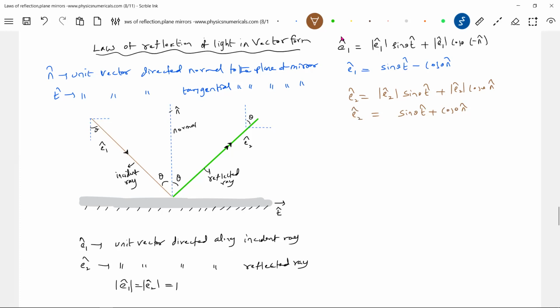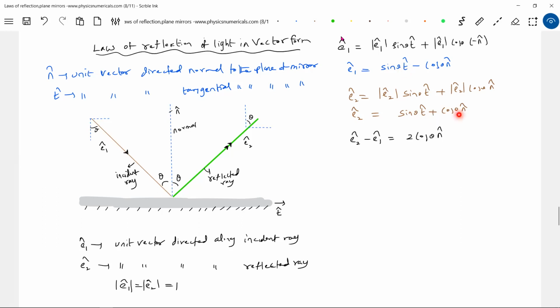Let me take the difference of these two equations. Sine theta T cap gets eliminated.